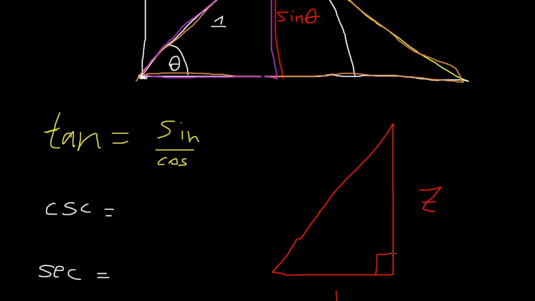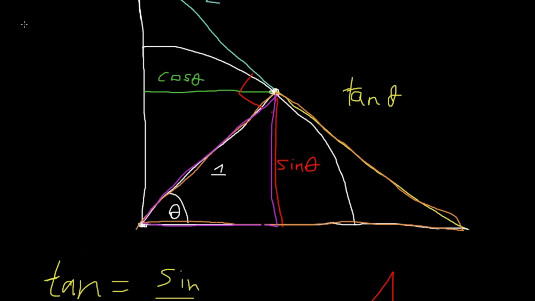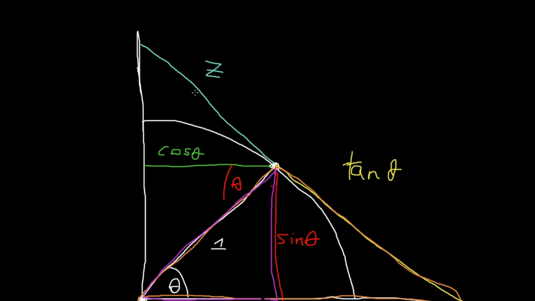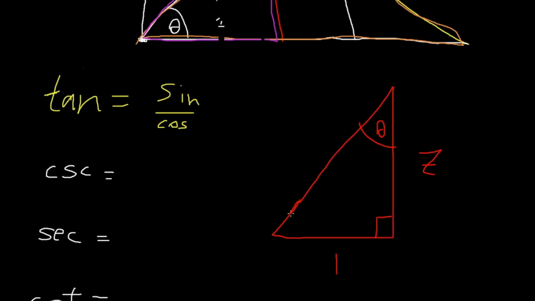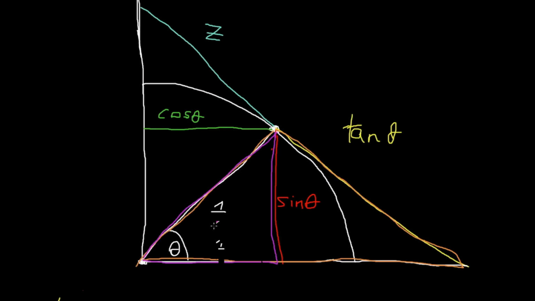Oh yeah, and this is 90-degree angle right there. Now where's theta? So we know theta is right here, and using interior angles, we know theta is also right here. And then we use some more geometry, and we know that theta is right here. Okay, so that means theta is right here. So the triangle will look a little bit more funky, but it's okay. We still work with that.